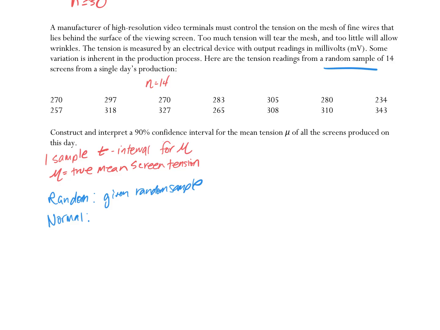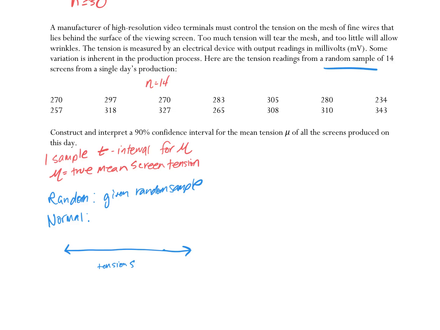So what we have to do is draw some sort of graph, and again, with a relatively small sample, not only do I need to show that it's not skewed, I actually have to show it's pretty close to symmetric and mound-shaped. Did I put these in order? No, I didn't.